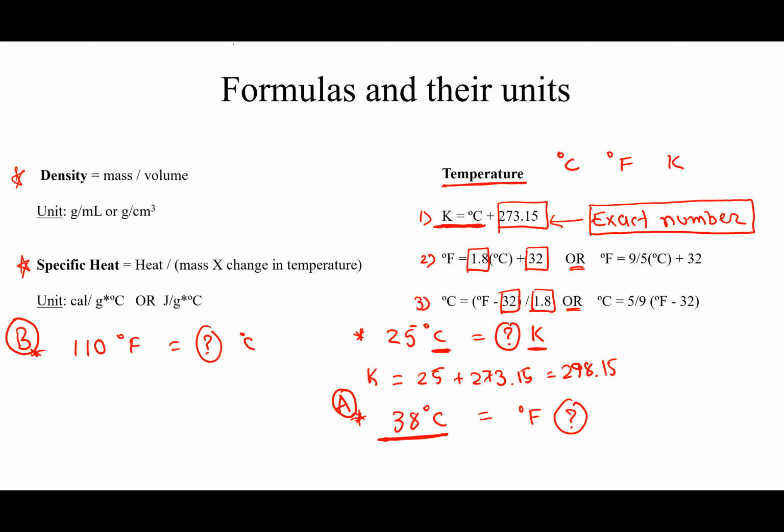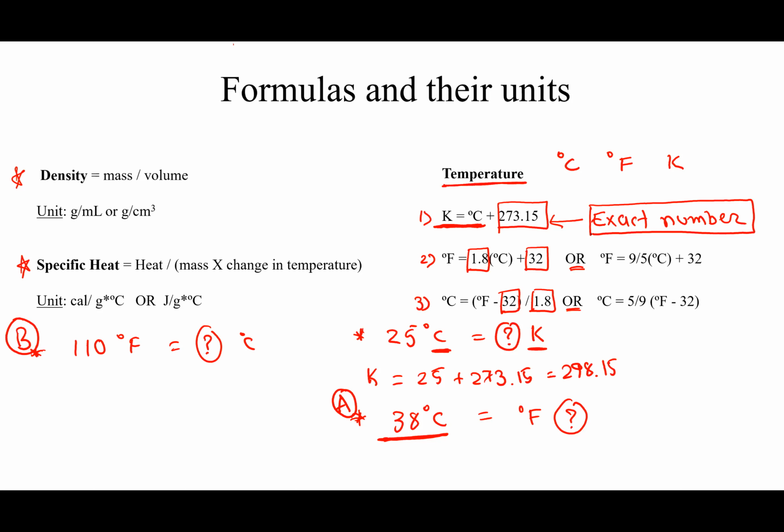A measured number is different. A measured number means anything that you need a scale for. If you need some sort of measurement to get that number, then we call it a measured number. And the significant figure rule only applies to measured numbers. That is a very minor detail, and you will learn it in the lecture.